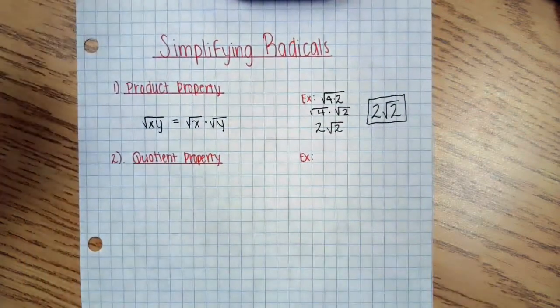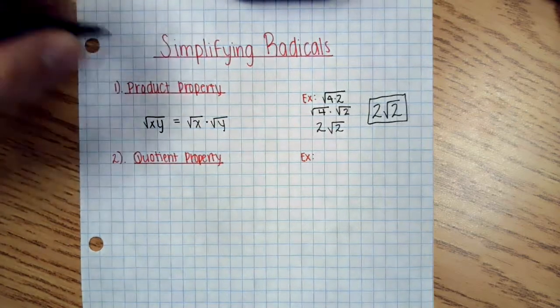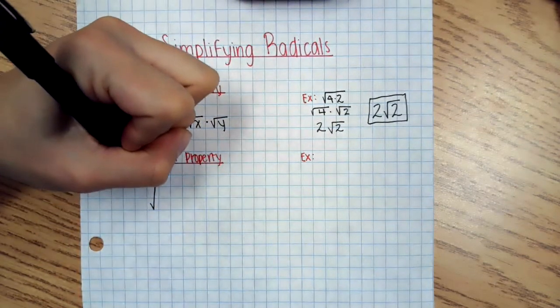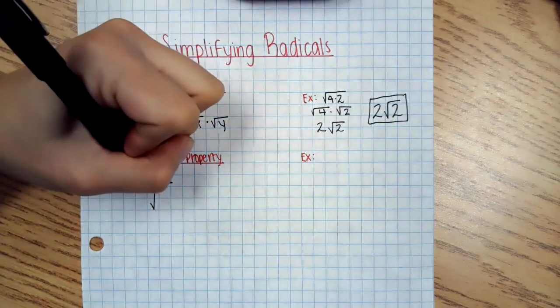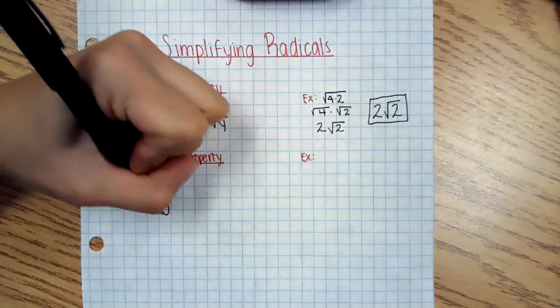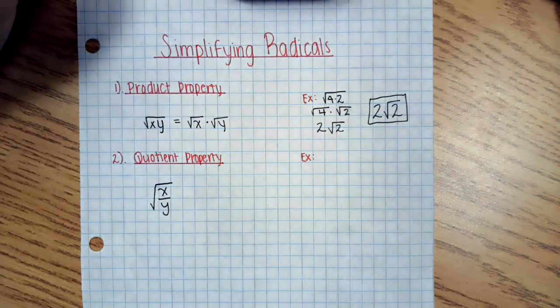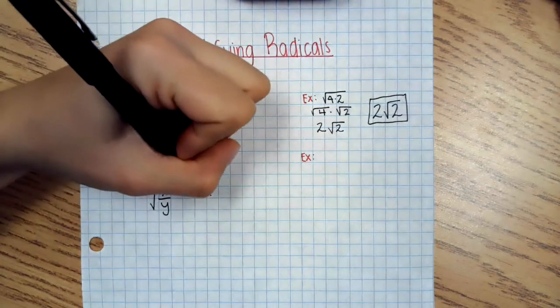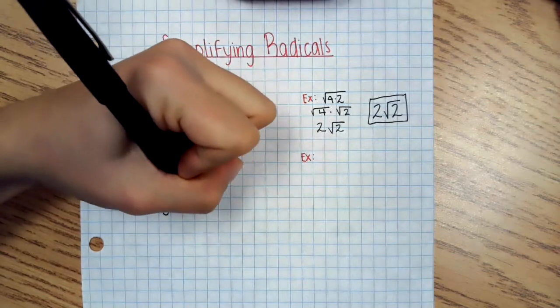Next up, we have the quotient property, which when we think about quotient, we think about division. So this rule, very similar to the product property, is if you have the root of something divided by something else, this can be broken down into the square root of x divided by your square root of y.